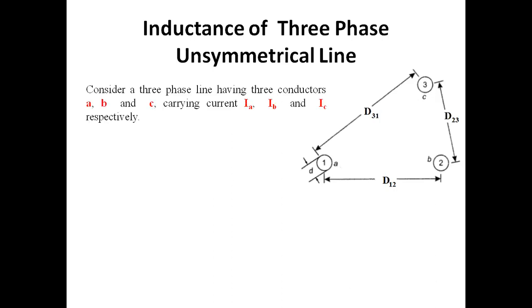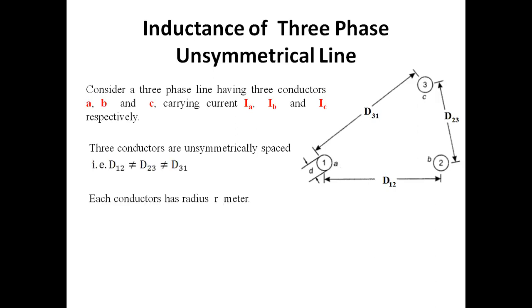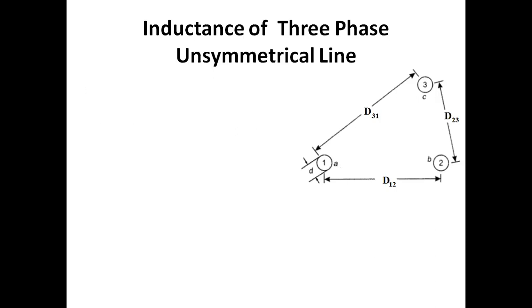A, B, C are the current carrying conductors and they carry currents IA, IB, IC respectively. So these are unsymmetrically spaced. As I said earlier, D12 is not equal to D23, which is not equal to D31. Each conductor has radius R meter.